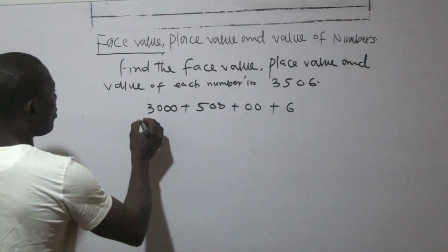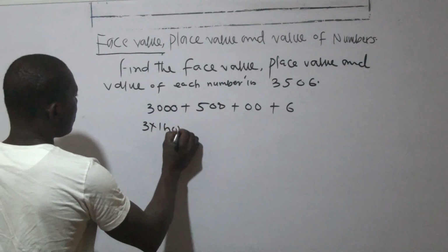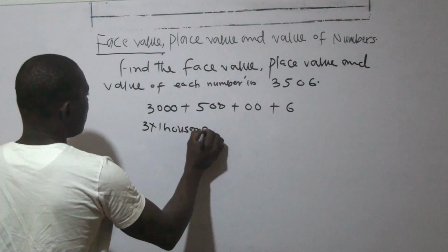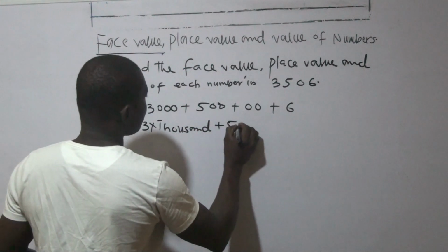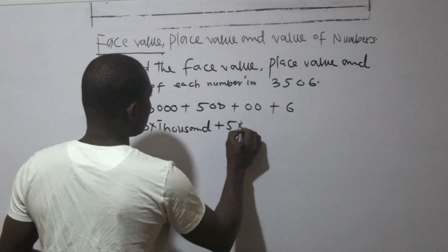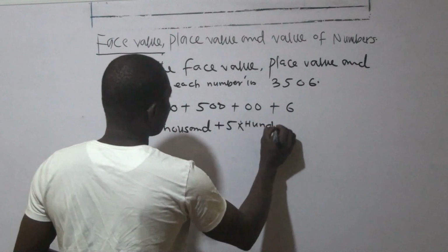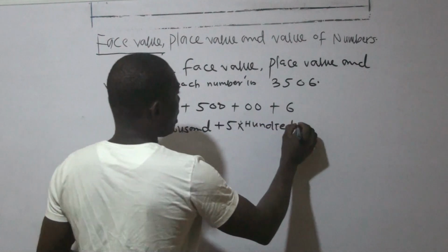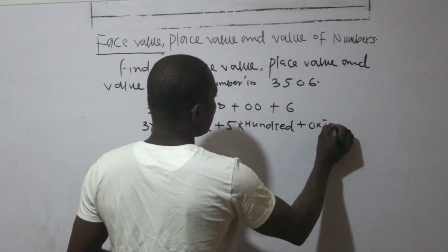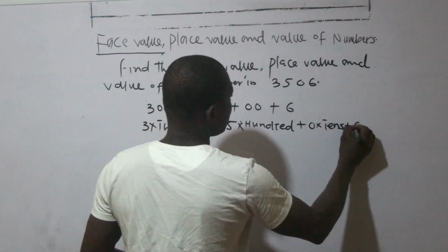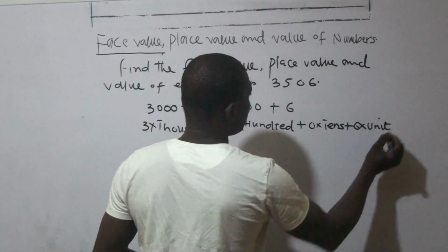So we can write this number as 3 times 1,000 plus 5 times 100 plus 0 times tens plus 6 times units.